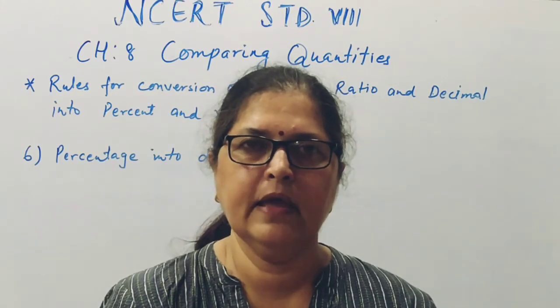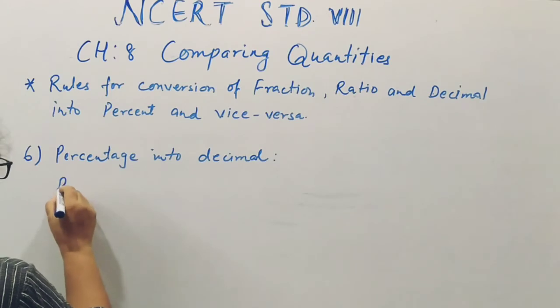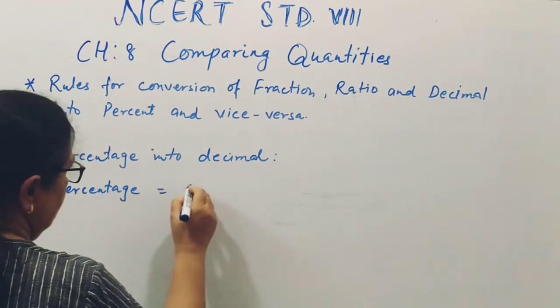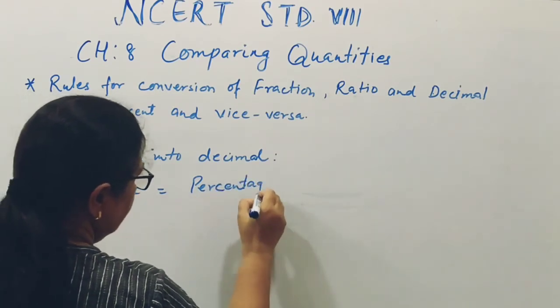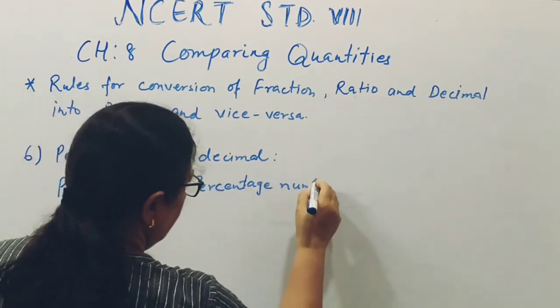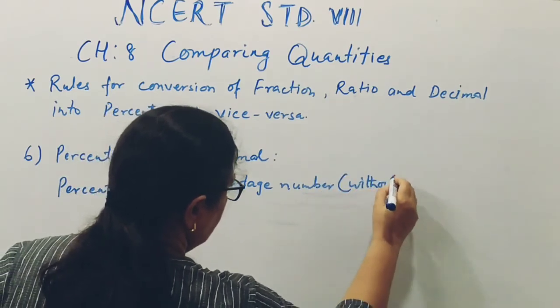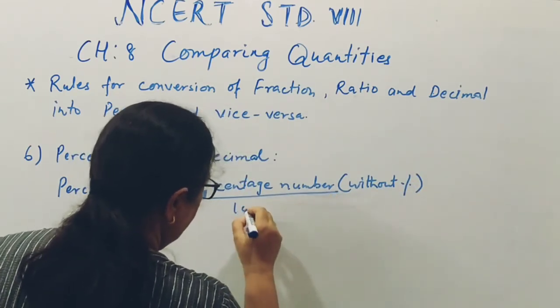Next, number 6, percentage into decimal. So we write it as percentage number without the symbol of percent upon 100.